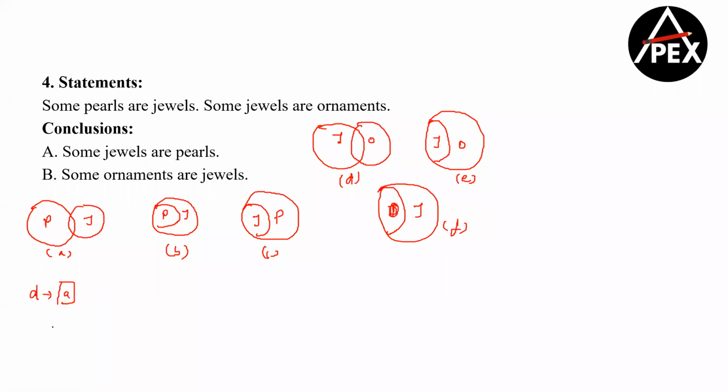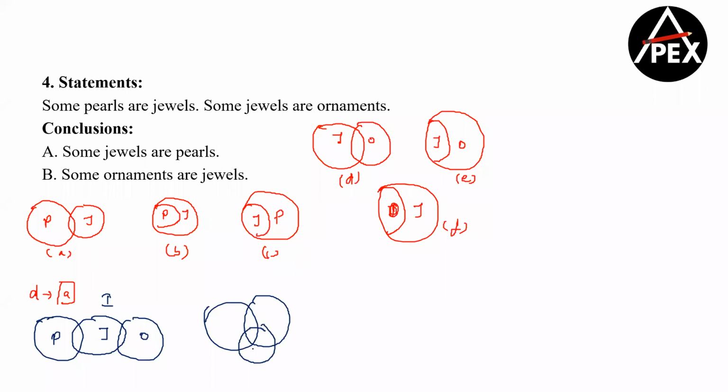Right, so how do I combine D through A? First, I'll draw A diagram. First, jewels, and how jewels with ornaments? This way. Correct. Again, this is one case. The second case might be this also. Pearls, jewels, ornaments. Correct? Okay. Next, I'll do E through A. Again, drawing A first.